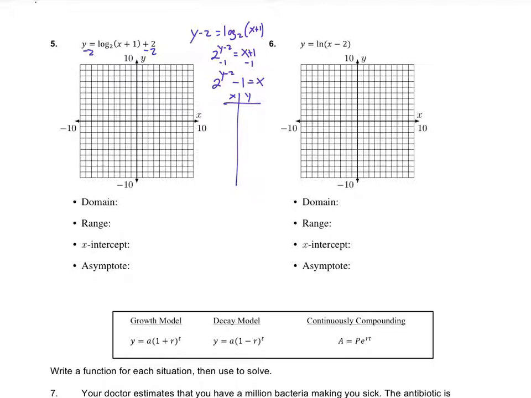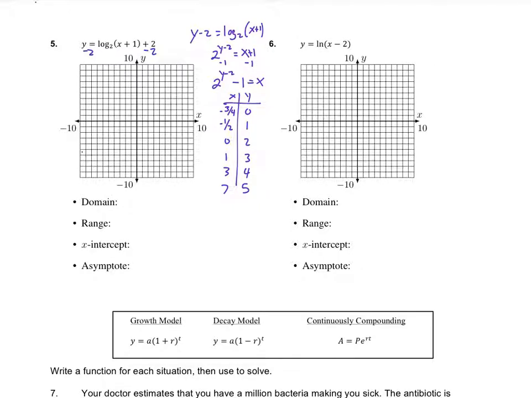So I'm going to go through this one kind of quick. We're going to plug in 0, 1, 2, 3, 4, and 5. So if we plug those in, we get -3/4, -1/2, 0, 1, 3, and 7.